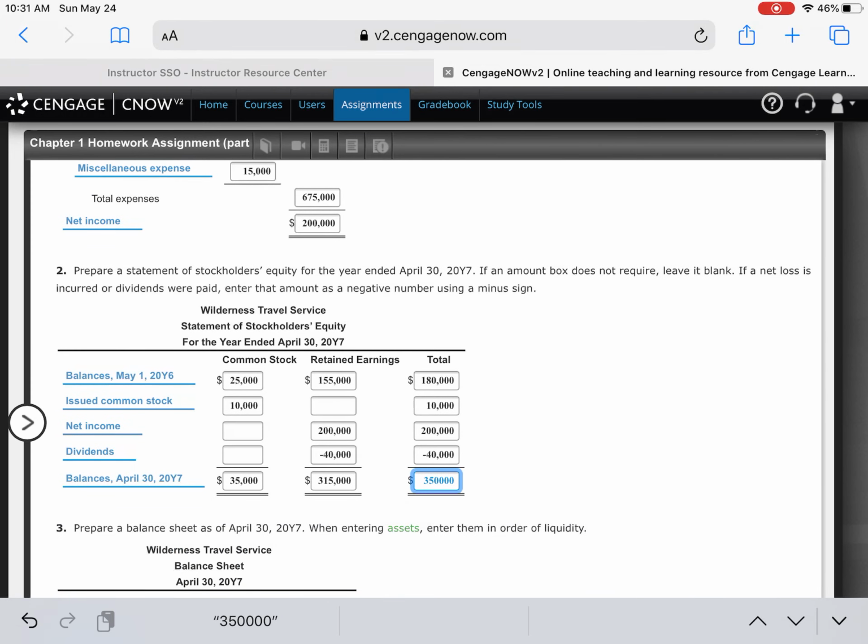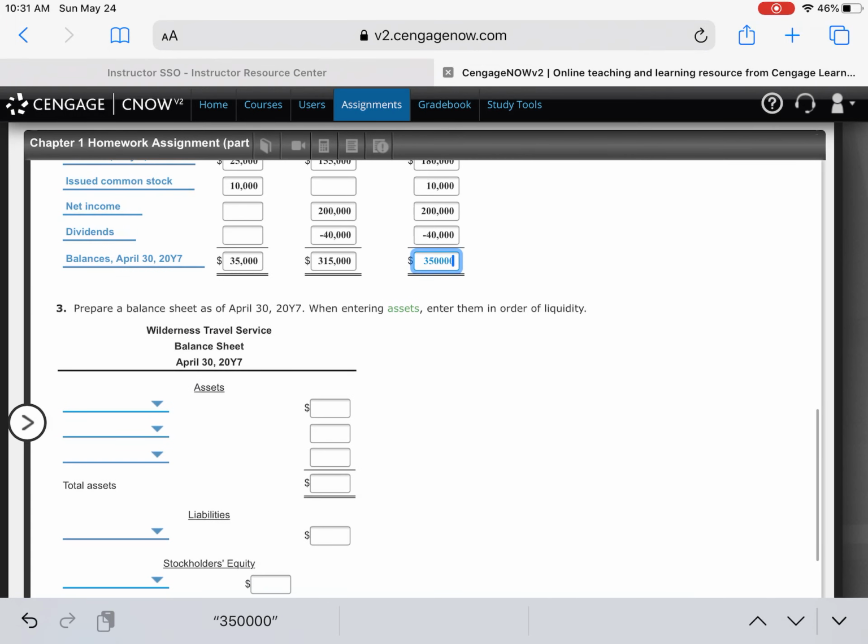We need all three of those values to be able to put together our balance sheet. So our balance sheet represents our accounting equation. Assets have to equal our liabilities plus our stockholder equity. So our assets are any resources that we own and control in the business, and we always list those assets in order of liquidity.